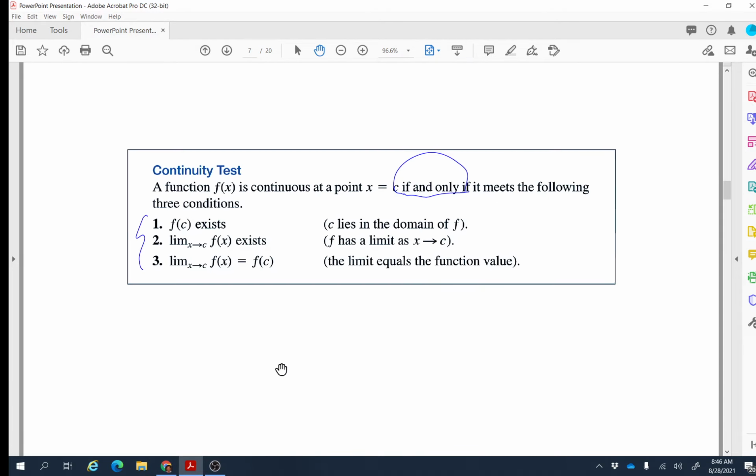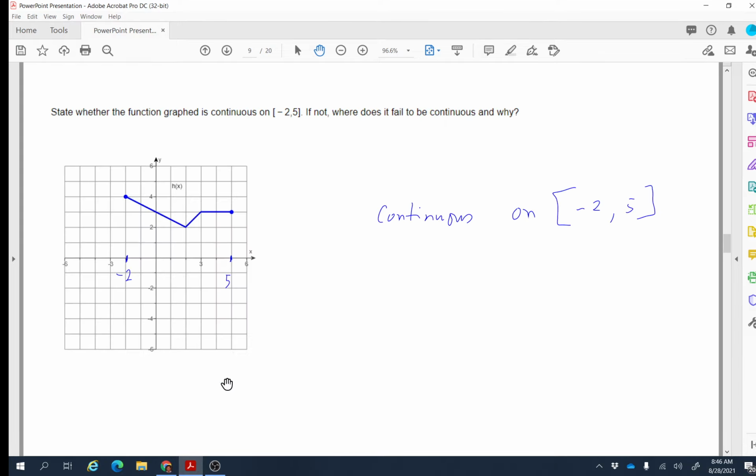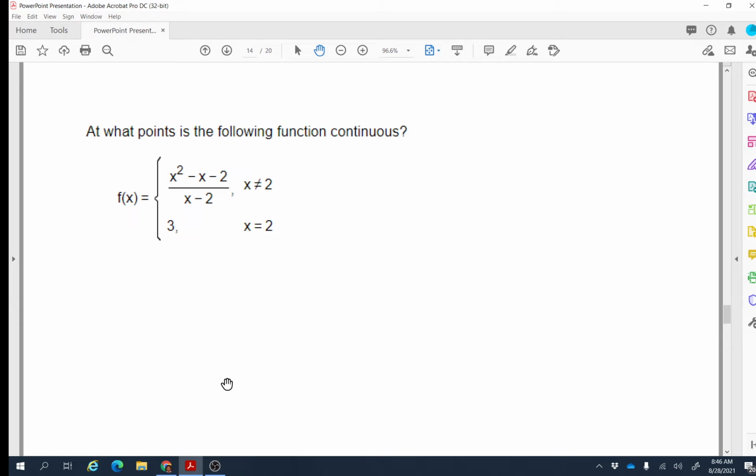At any point a function is continuous if these three conditions are satisfied. We know this function is continuous everywhere else, and we don't know about 2, so we need to check at 2. For that we need to find the limit of the function when x approaches 2. So what is the limit of the function when x approaches 2?